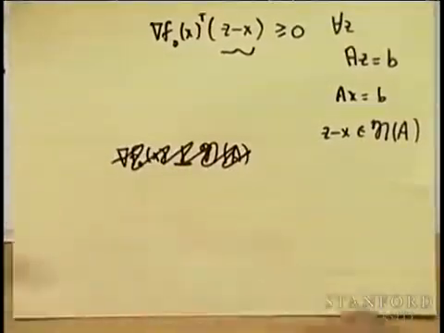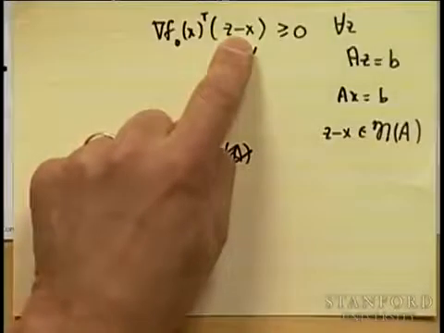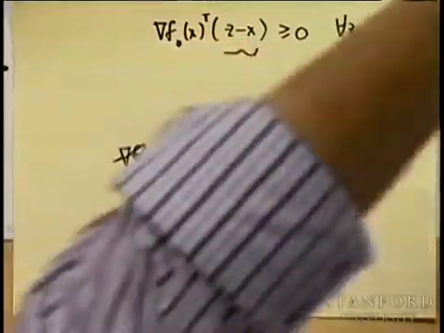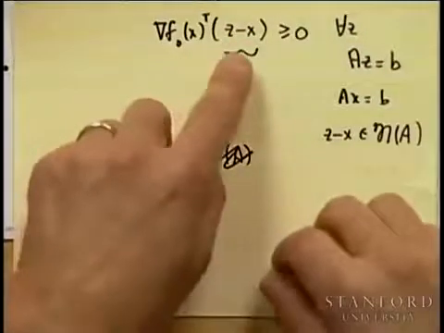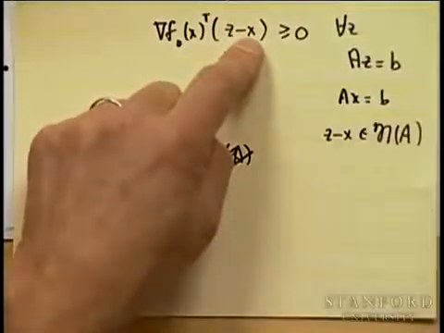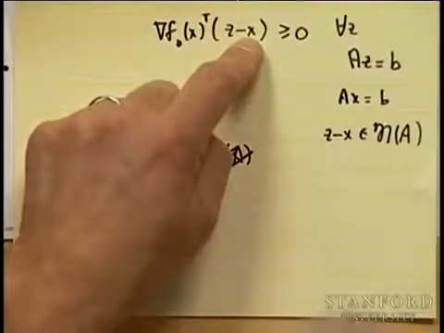However, if you have a subspace, and you have a non-negative inner product with something in the subspace, then it's also non-negative if you reverse the sign of z minus x, which is still in the subspace. Therefore, you have a non-negative inner product with a vector and with its negative. That means it has to be 0.